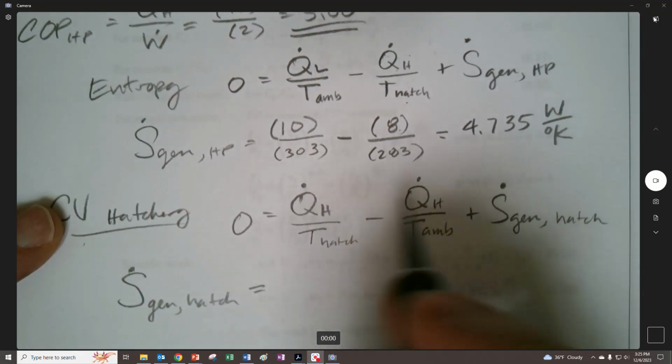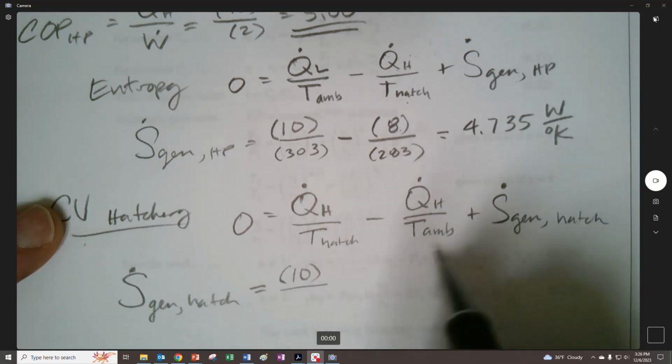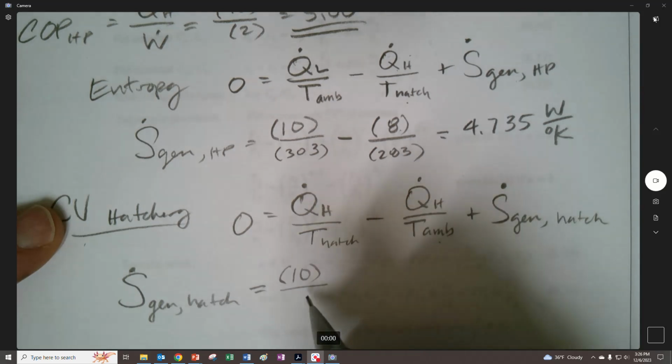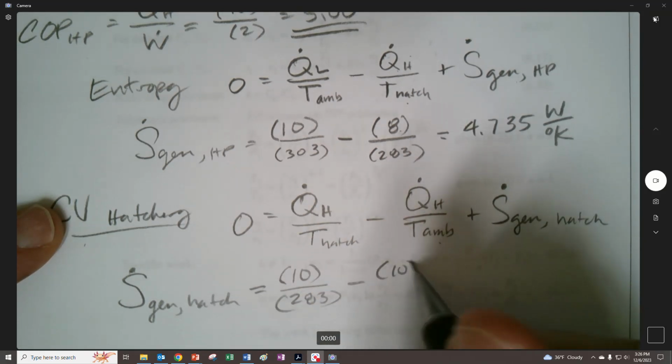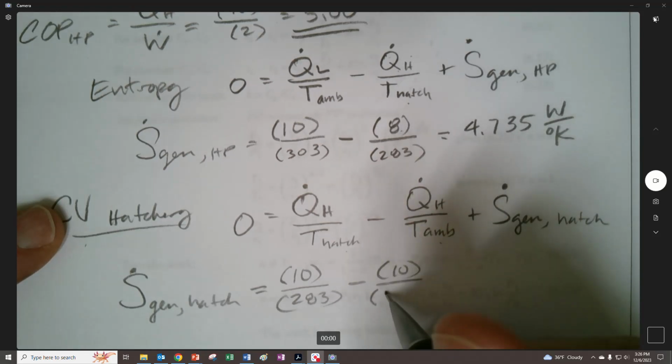So they're both going to be the 10 kilowatts divided by the ambient, which is going to be 283. And then subtract 10 over, and now this is going to be the hatchery, which is 303.